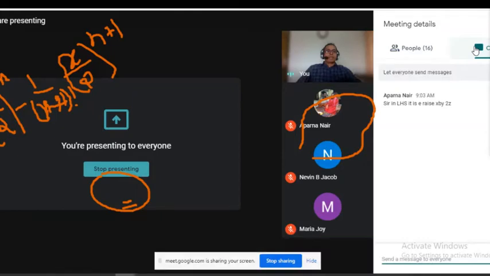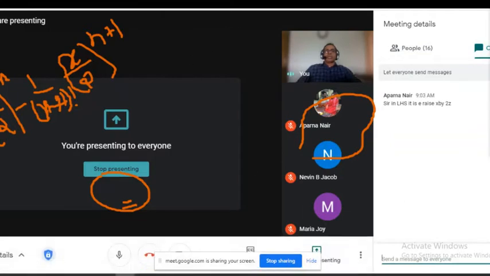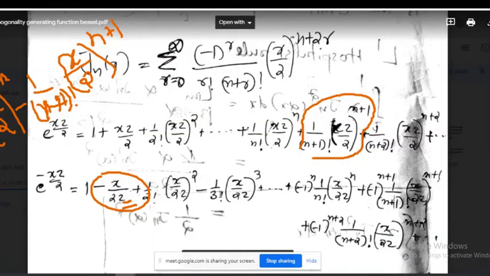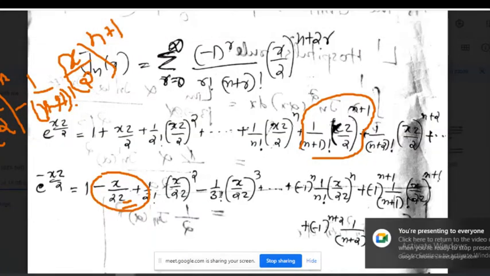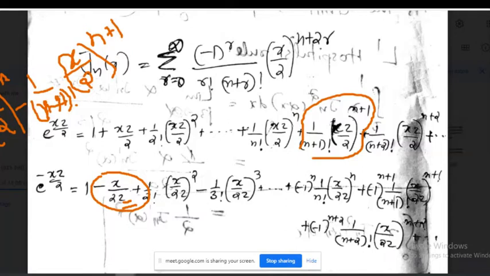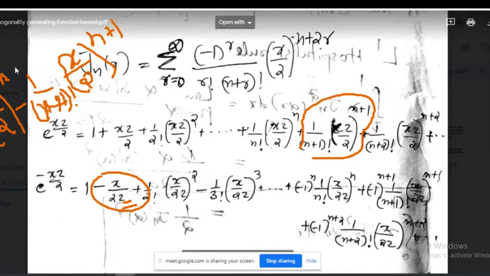Okay, let me see. Here I have (x by 2) to the power n. Yes, this is n plus 1. Sorry, this is (x by 2) to the power n. Here (x by 2) to the power n plus 1.